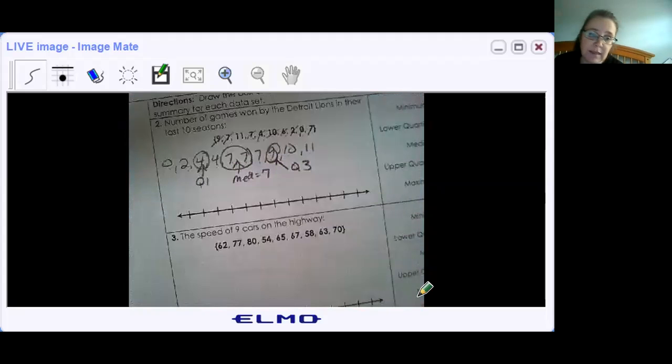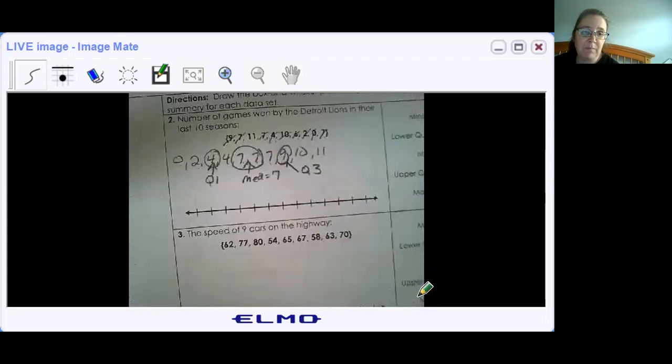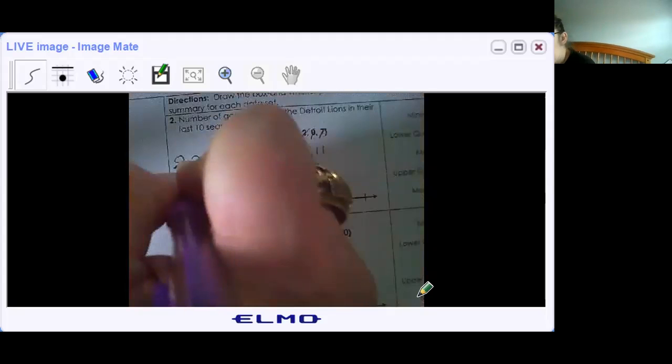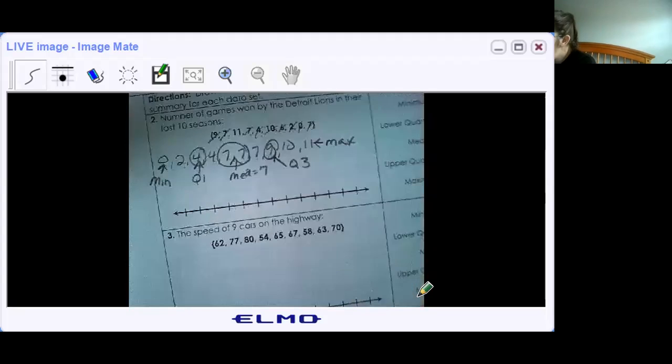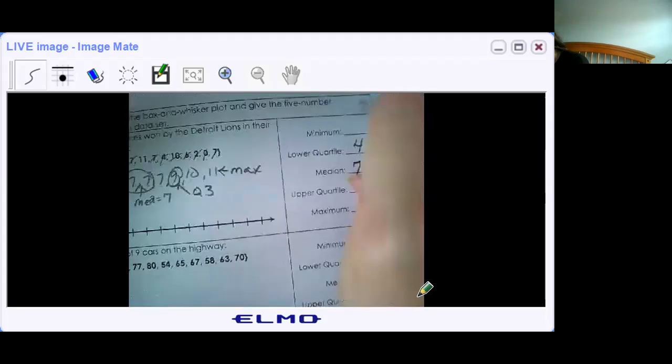Now, when I look at this, I now have my median, my lower quartile, and my upper quartile. And now let's look. Smallest number is the minimum. Biggest number is the maximum. Fill that information in over here. My minimum is 0.